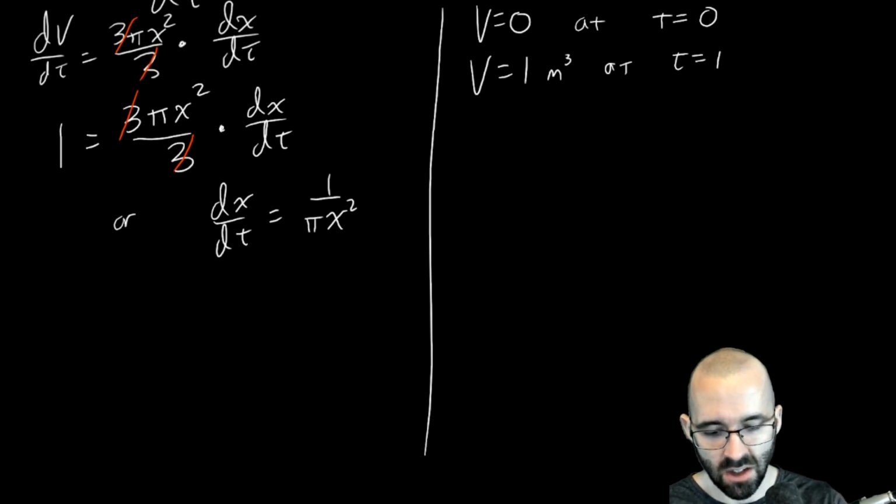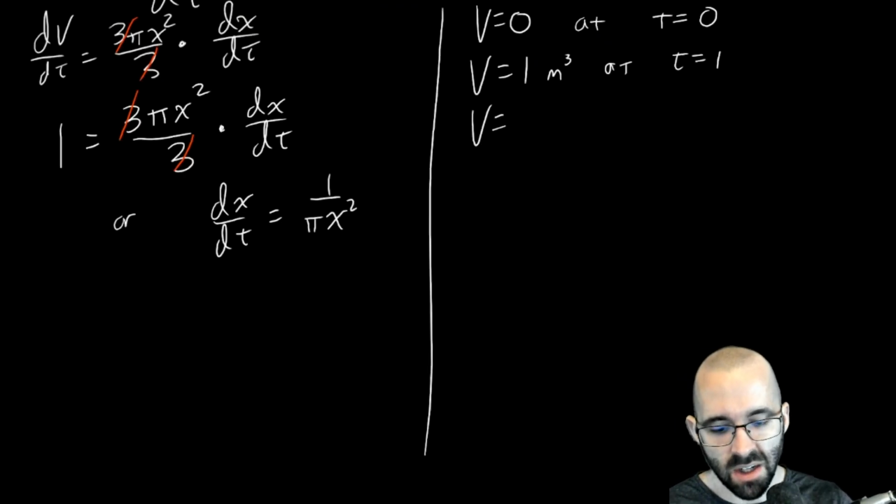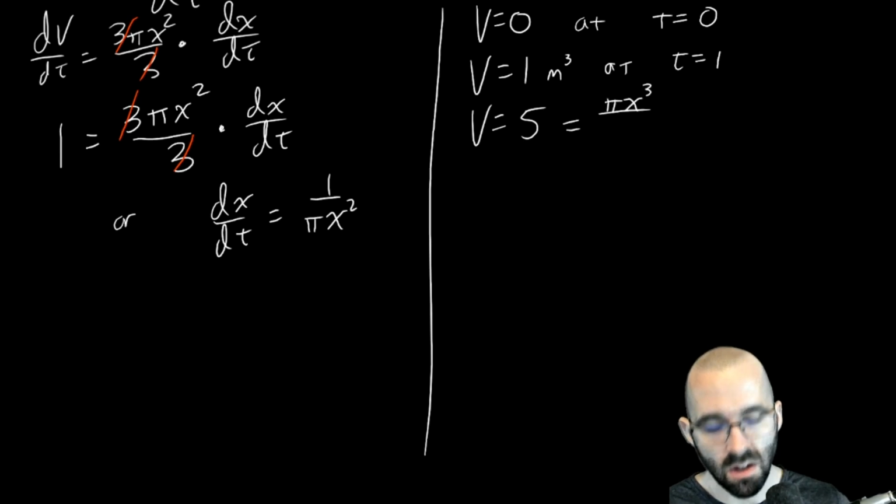So the question is, what is the height after 5 minutes? Well, after 5 minutes, the volume is going to be 5. And we know that the volume is going to be pi x cubed over 3. So we just solve for x.